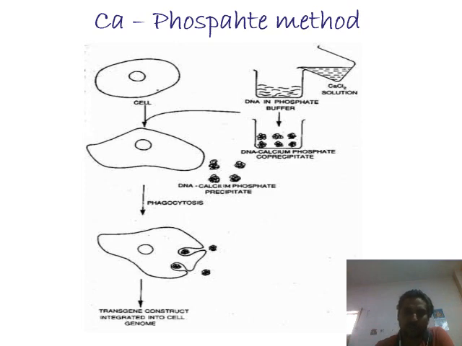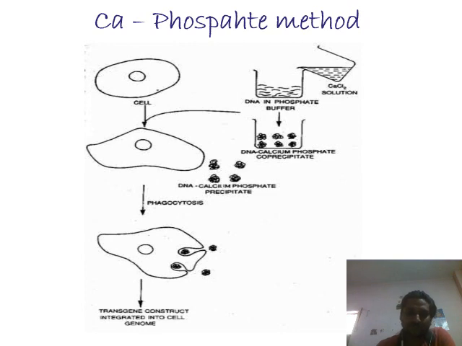Clear? So what is happening here? We are adding calcium chloride into the DNA solution which is in the phosphate buffer. What will happen by this? There is a formation of a co-precipitate of the DNA with calcium and phosphate. And then we treat the cells into which we are going to transfer our DNA with this co-precipitate.